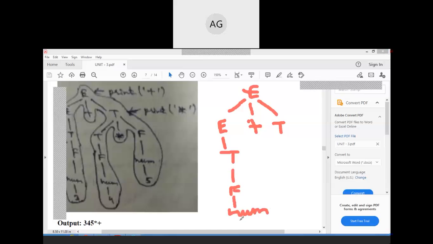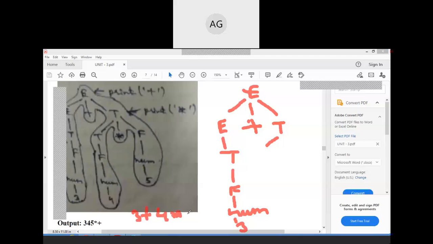After we reach num, then we can write the numbers. So the first number is 3, and now, because the input is given to us as 3 plus 4 into 5.